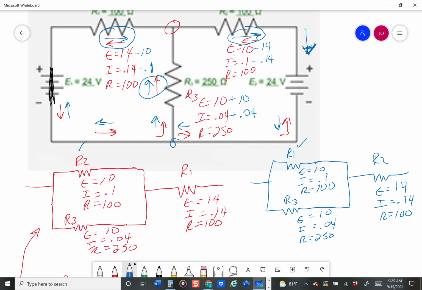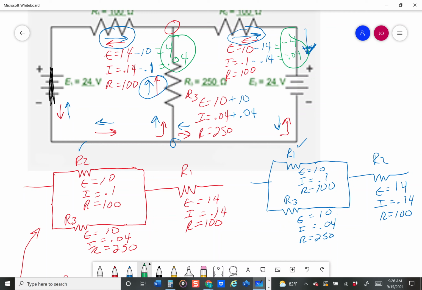So I'll do my answers in green. When I do 14 minus 10, I get 4 volts. When I do 0.14 minus 0.1, I get 0.04. That's for voltage and current through R1. When I come over here to R2, 10 minus 14 is negative 4, and 0.1 minus 0.14 is negative 0.04.